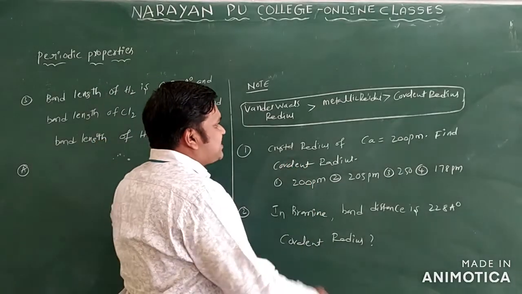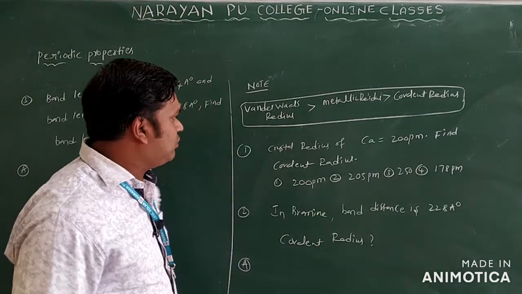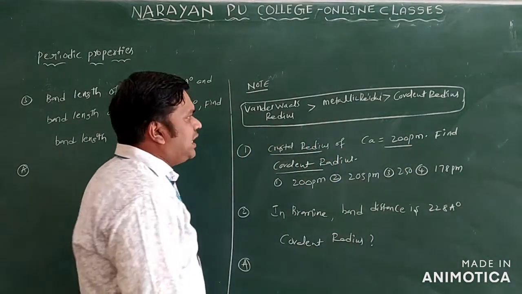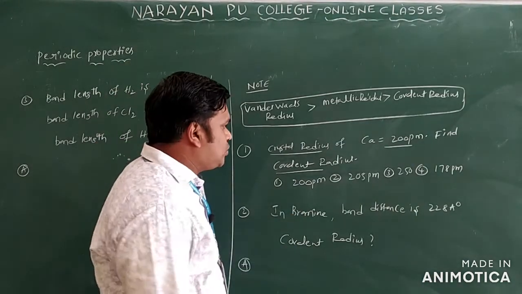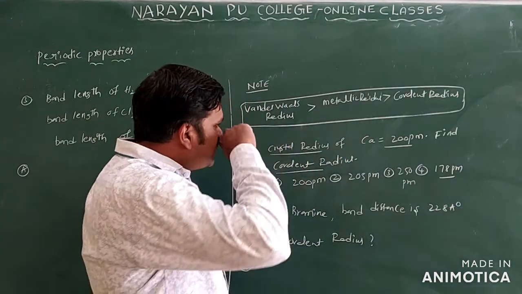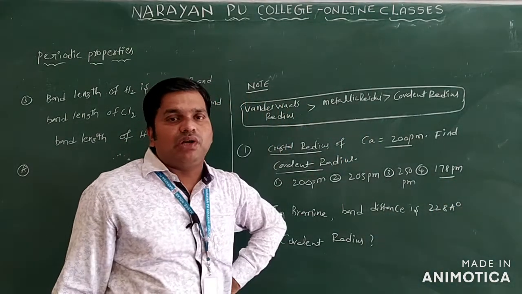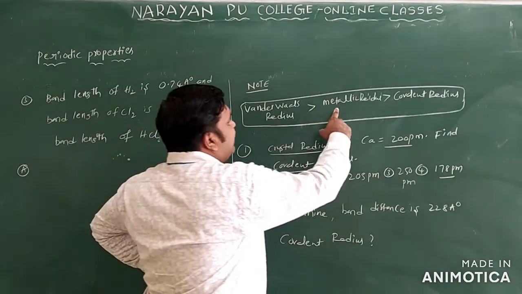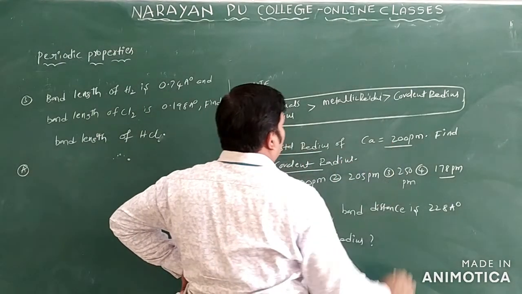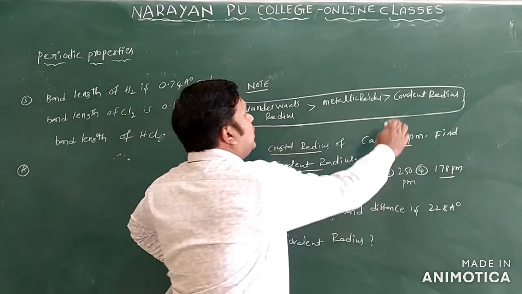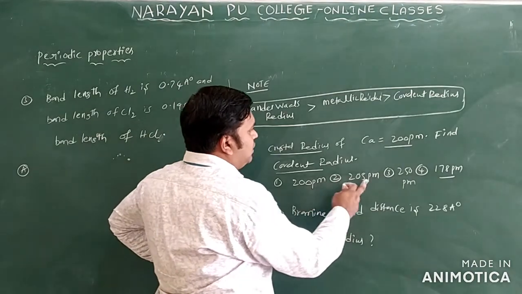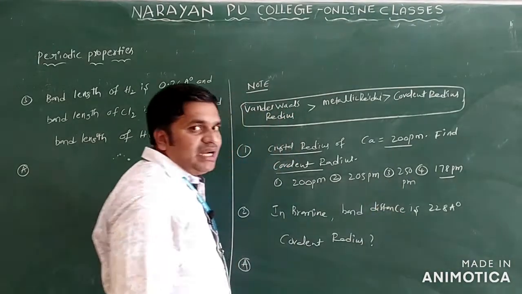See the question here: the crystal radius of calcium is 200 picometer. Find the covalent radius. The options given are 200 picometer, 205 picometer, 250 picometer and 178 picometer.